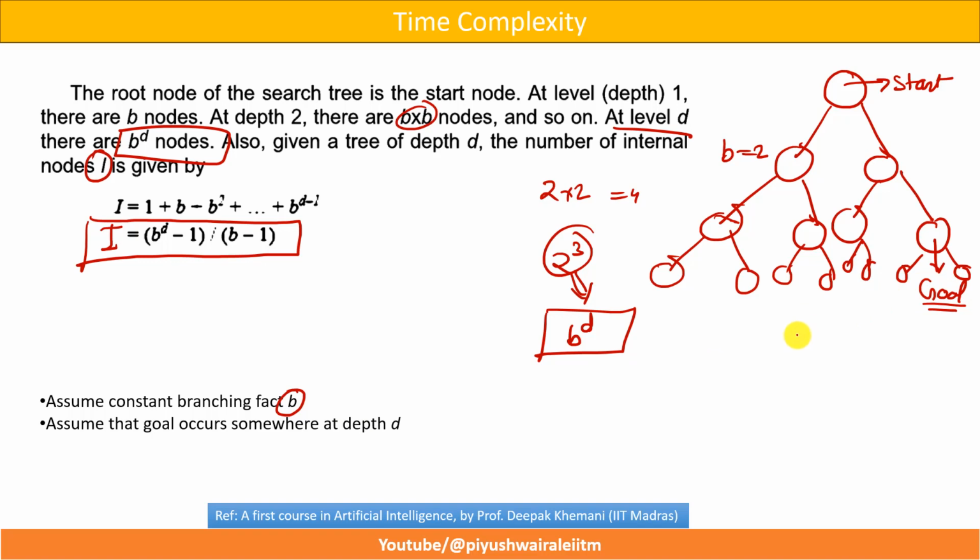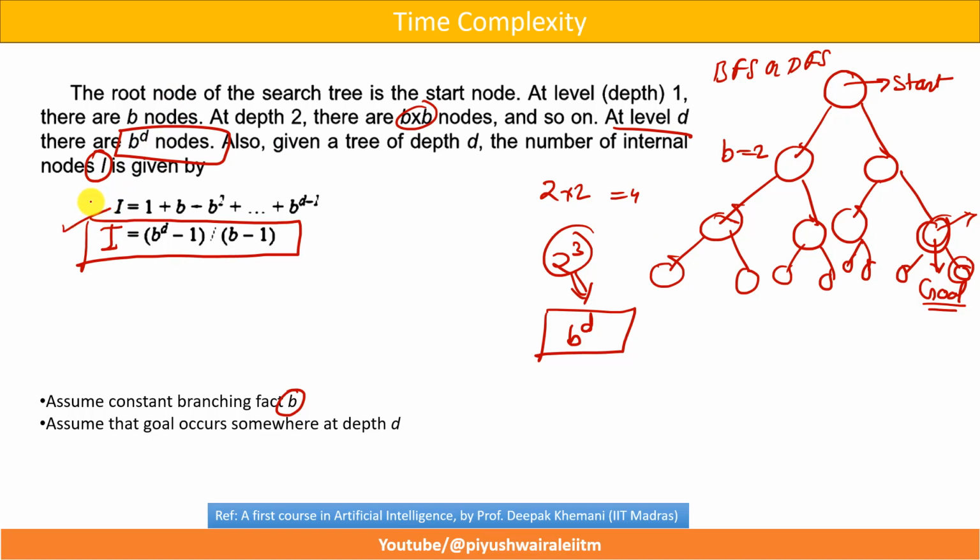So suppose you are using BFS or DFS, both have to explore all the nodes before reaching this goal state, or the last level. So at level d, there are b to the power d nodes, and this much of internal nodes.